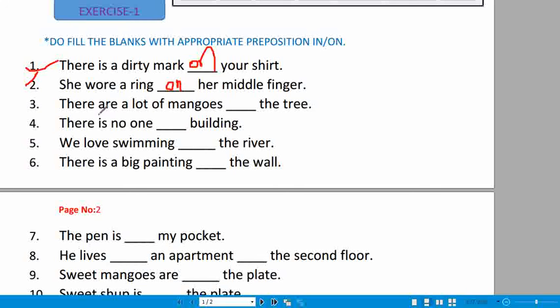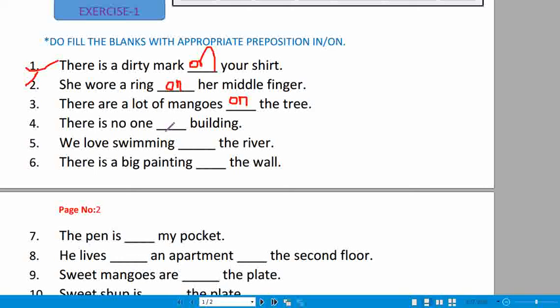Question number 3. There are a lot of mangoes dash the tree. There are a lot of mangoes on the tree, because mangoes are not enclosed by the tree. They are just hanging on the tree.